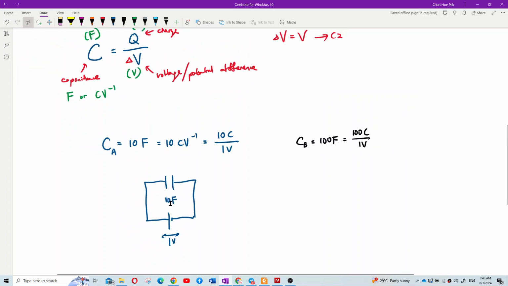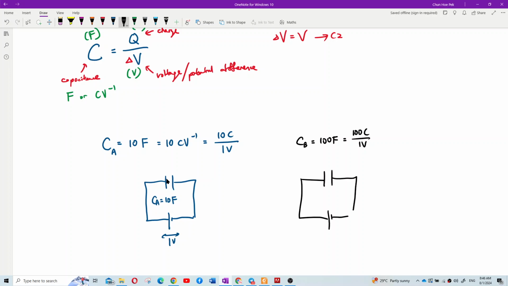How much charge is stored in the capacitor? This is capacitor A. And then I have another capacitor with 100 farad. Also, I connect it to a 1 volt battery. This capacitor is 100 farad.